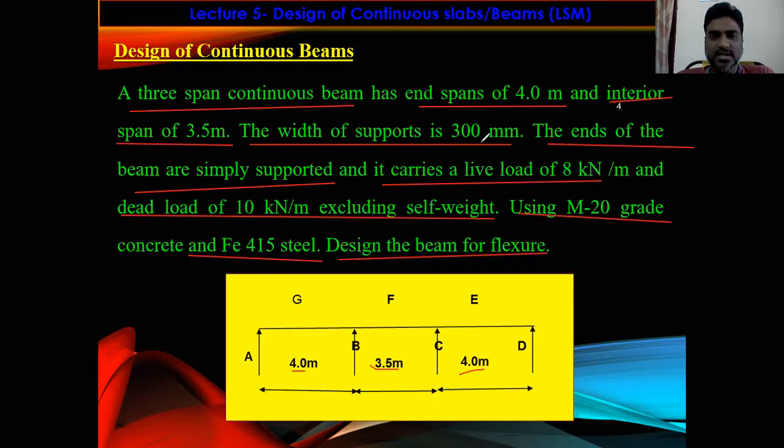And the width of the support is 300 mm. It is very important in a continuous beam for determining the effective length. The ends are simply supported and it carries a live load of 8 kN per meter and a dead load of 10 kN per meter. So this is the data given in the problem.